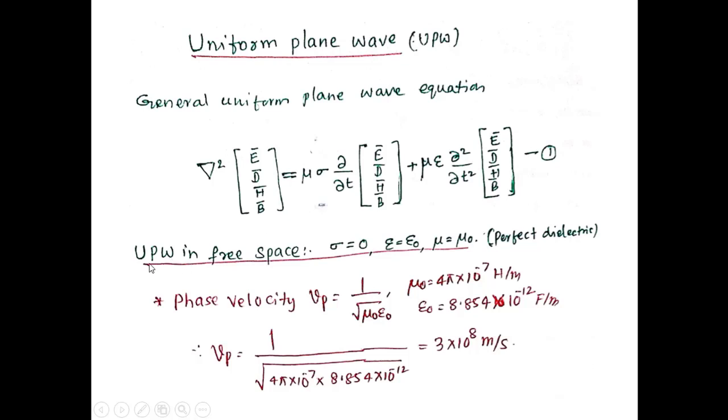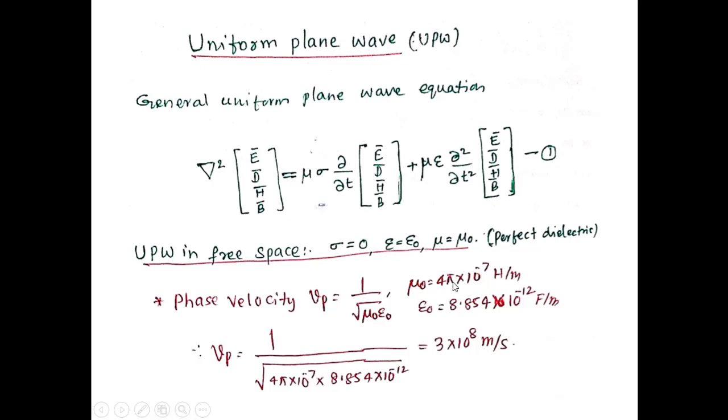So in uniform plane wave in free space, the attenuation is zero and conductivity is 0. And in free space, epsilon r is equal to 1, therefore epsilon is equal to epsilon naught, which is equal to 8.854 into 10 raised to minus 12 farad per meter. And mu is equal to mu r mu naught; in vacuum or air, mu r is equal to 1.